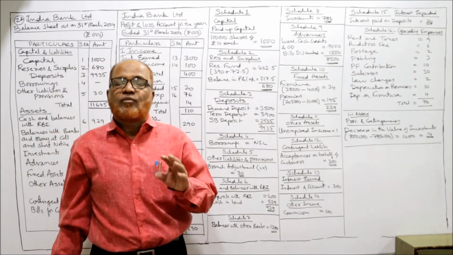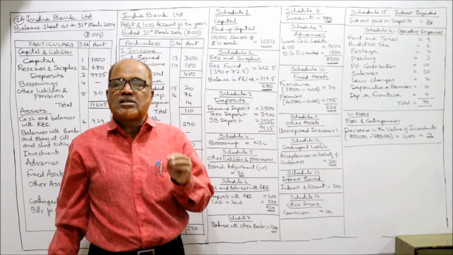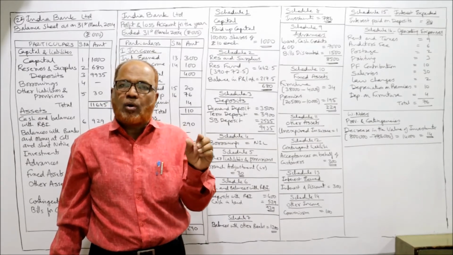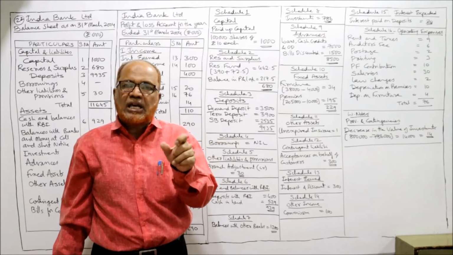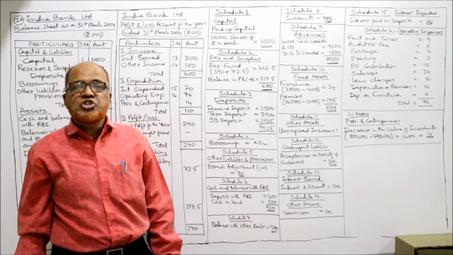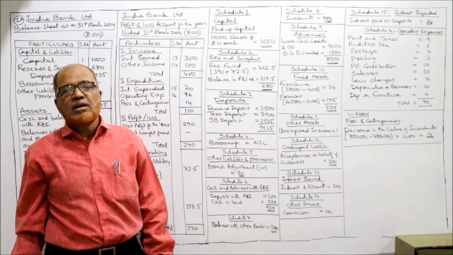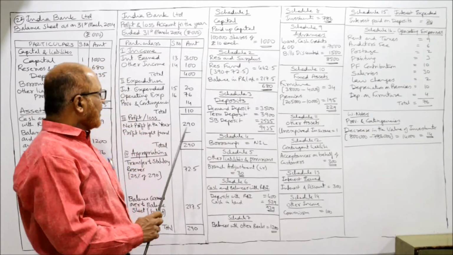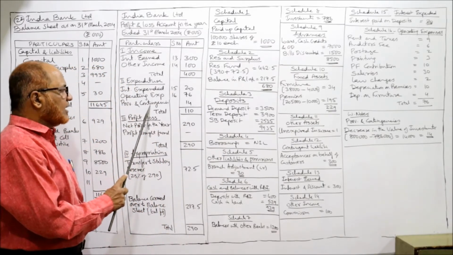Now there is a loss of 14,000 rupees to the business. This is called diminution in the value of investment or decrease in the value of investment. That should be shown under provisions and contingencies in profit and loss account. In profit and loss account, you will have one item, provisions and contingencies.